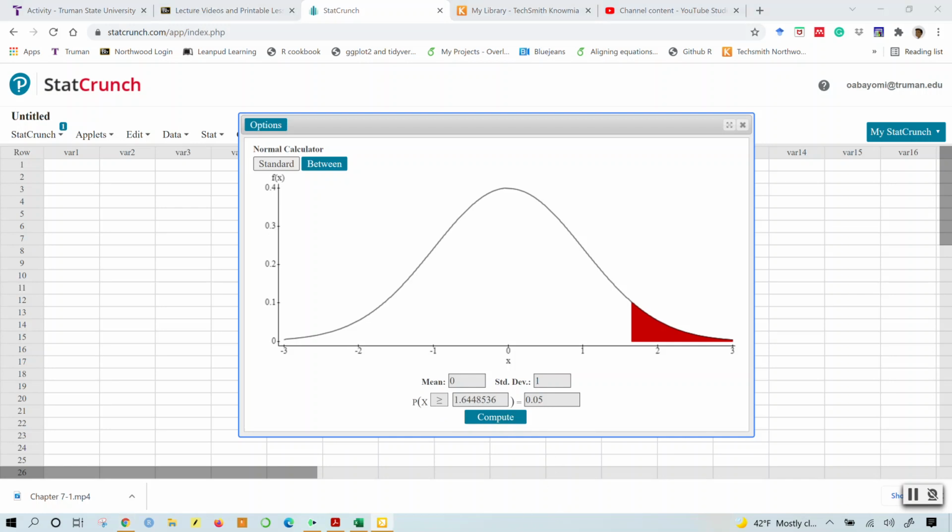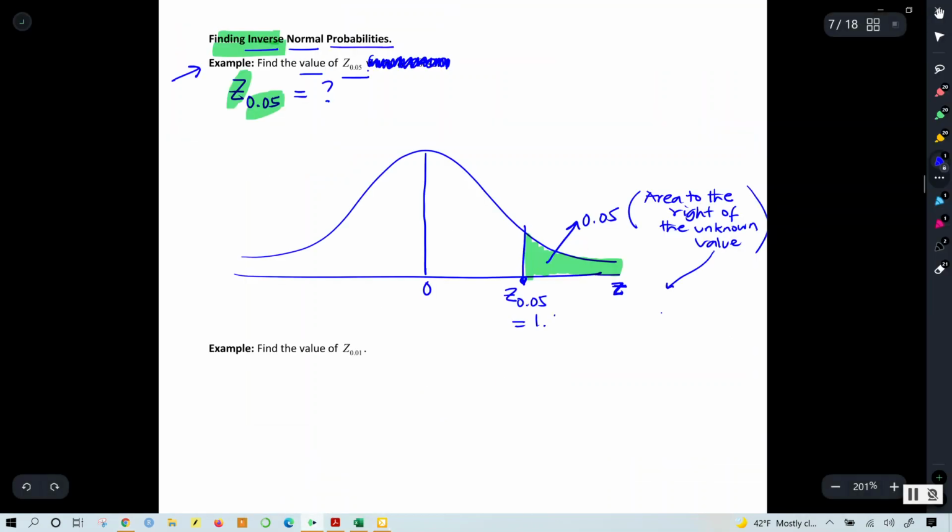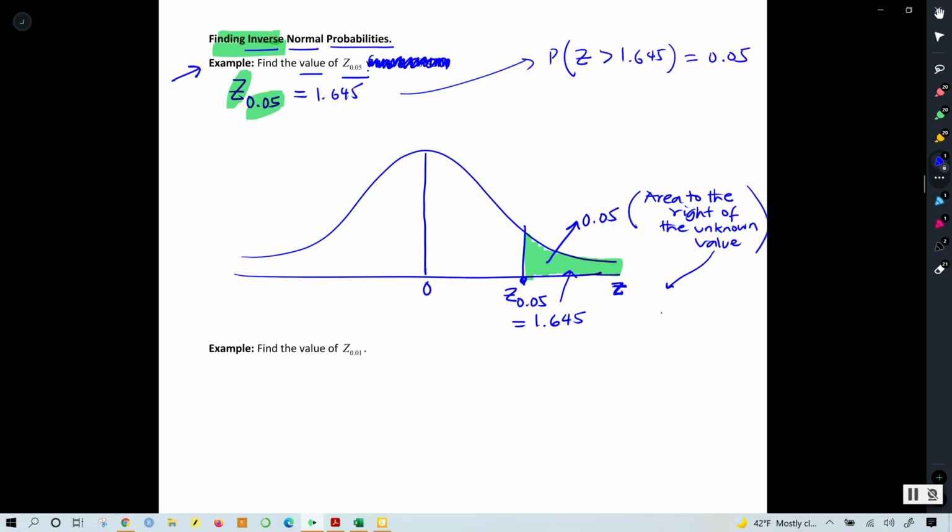So with that said, you have 1.645. So our answer, the identity of that number, is 1.645. That is because the probability of z greater than 1.645 is approximately 0.05.